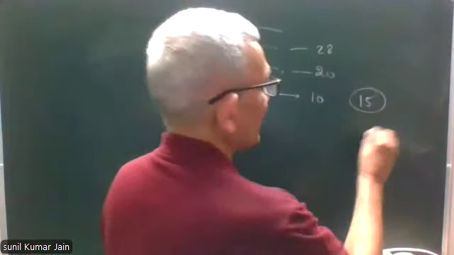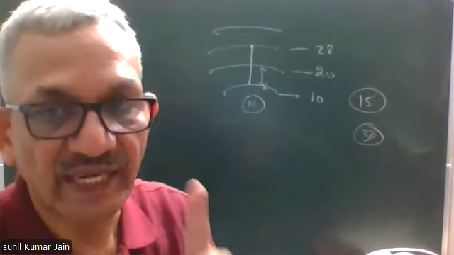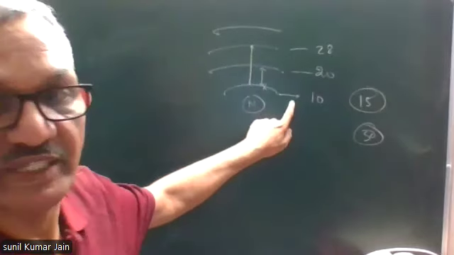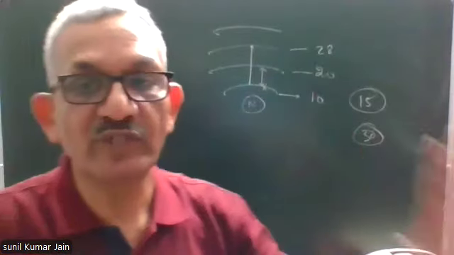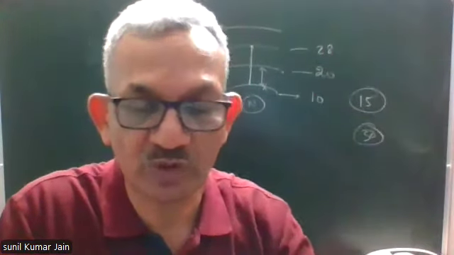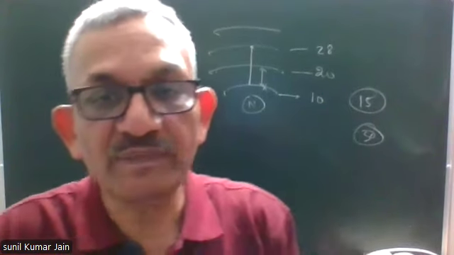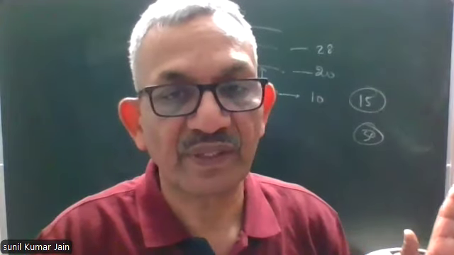Similarly, if I supply 30 units of energy, the electron will absorb 18 units of energy and jump from shell number 1 to shell number 3. The remaining 12 units of energy will not be absorbed. This is the meaning of quantum, and we call it quantization of energy.